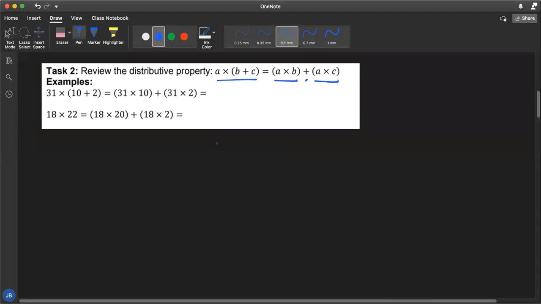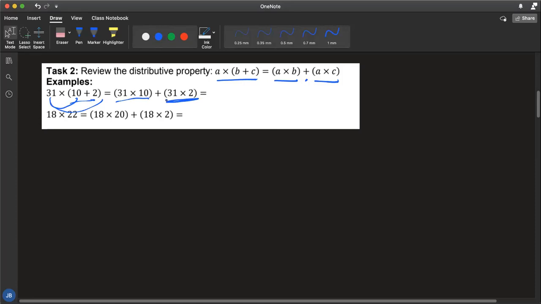So in our first example here, we would have 31 times 10 plus 2. And so we can write this out as 31 times 10 plus 31 times 2. And that makes it a little bit easier in some cases when we're multiplying and adding.